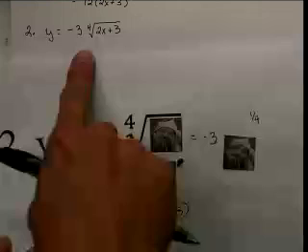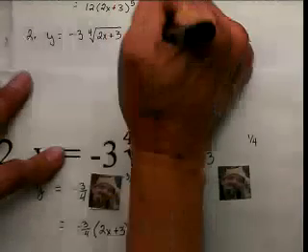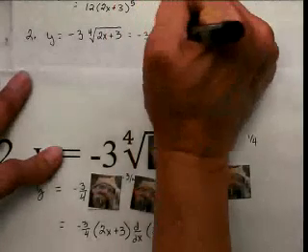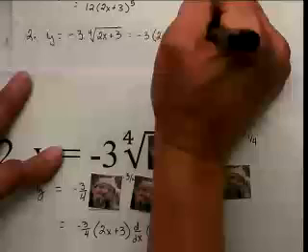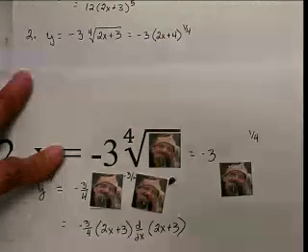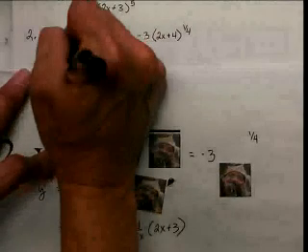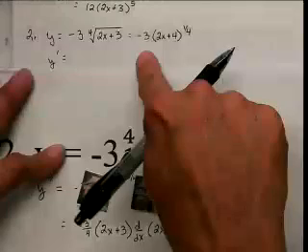So this is the same thing. I'm going to write that as negative 3 times ugly to the 1/4. And then the derivative is 1/4 times negative 3, or negative 3/4.